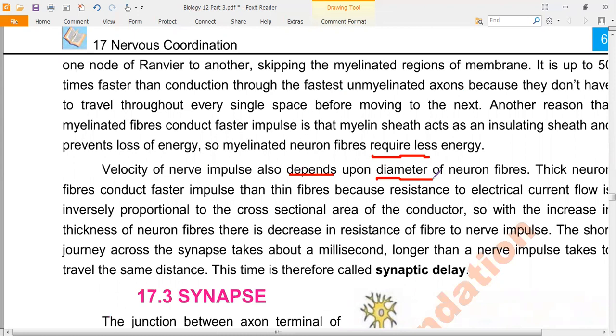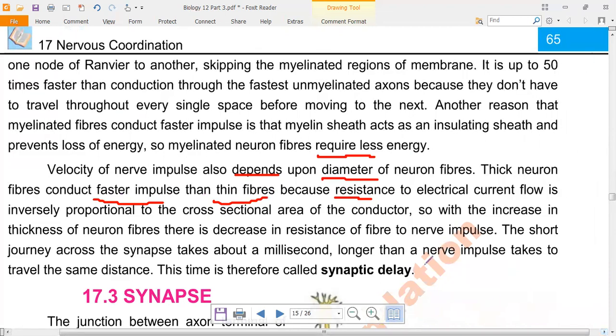Diameter of neuron fibers: if the neuron fibers are thick, they can conduct impulses faster, because thin fibers have more resistance to electric current flow.